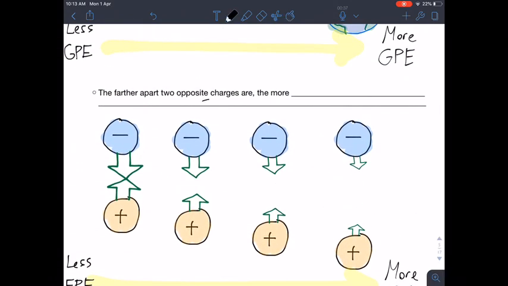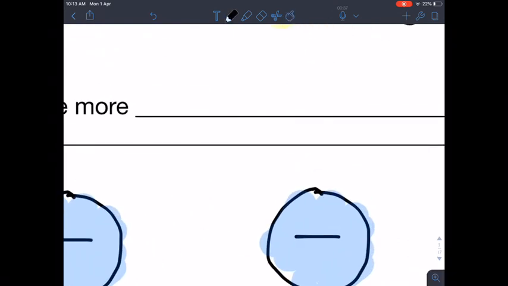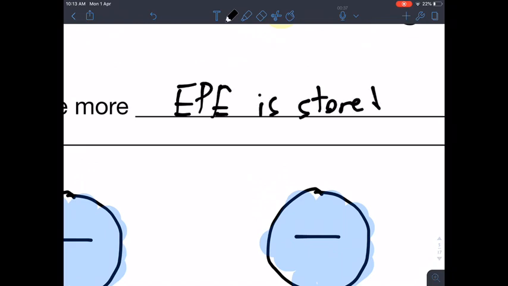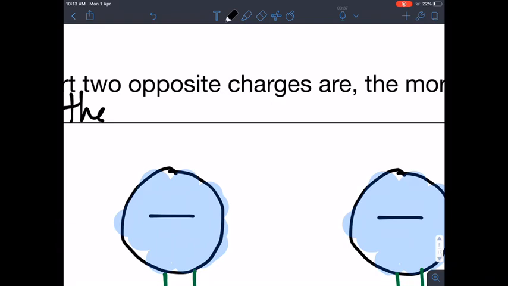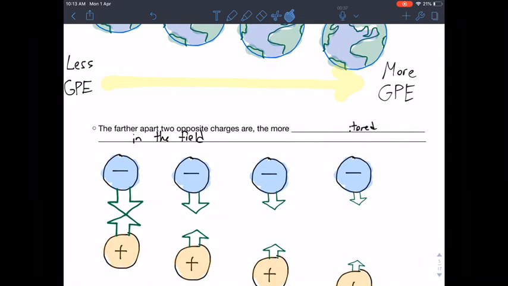And so in this statement, the farther apart two opposite charges are, the more electrical potential energy is stored in the field. Specifically the electromagnetic field. But I'm just going to write field because it's shorter.